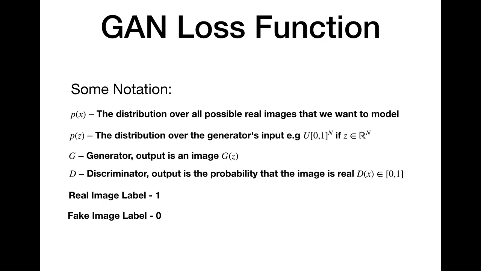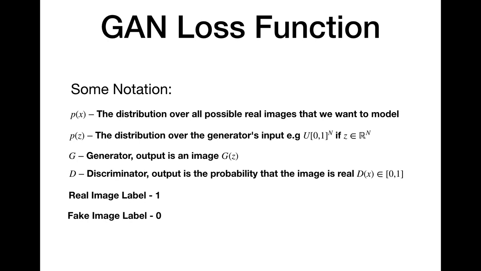We're going to be denoting the labels for real images by 1 and the labels for fake images by 0. This means that if the input to the discriminator is a real image, ideally we would want the discriminator to give an output of 1 for that image. And if the input was a fake image, we would want the discriminator to give an output of 0 for that image.